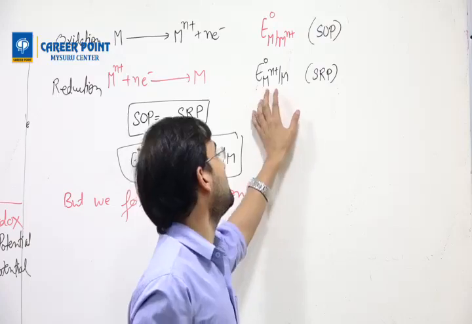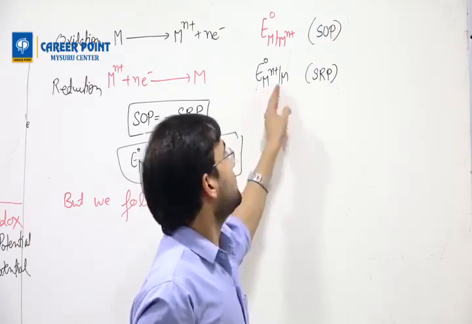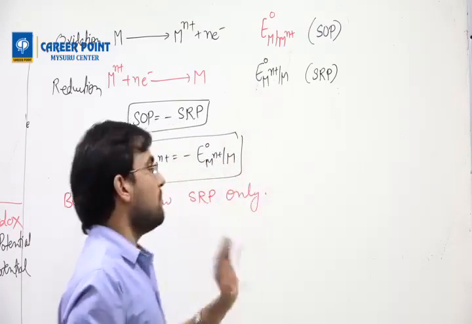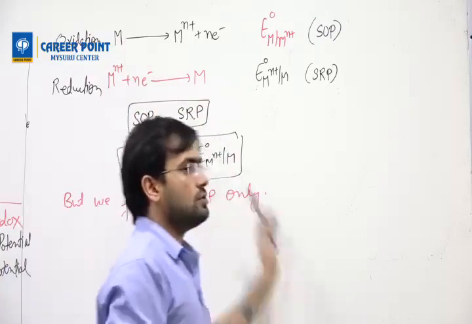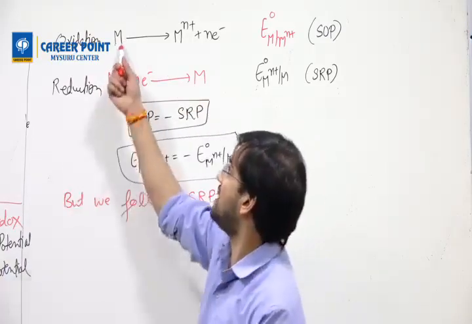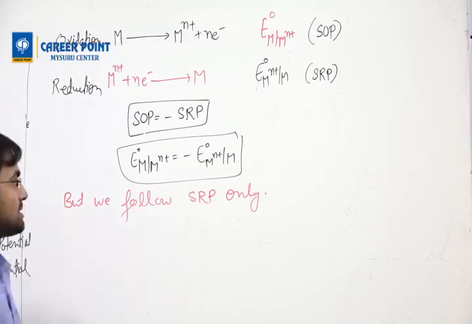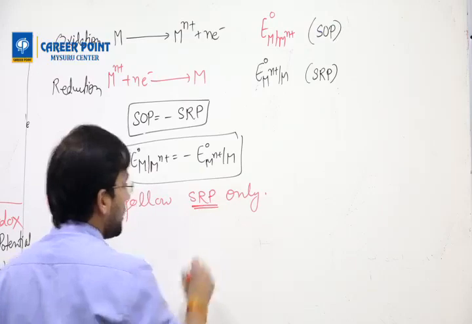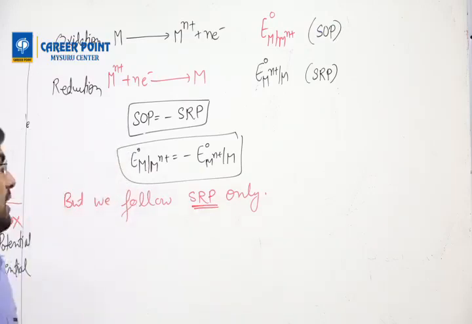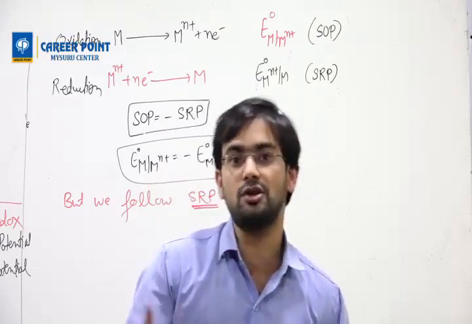Most of the time we write the reduction side, decreasing in the oxidation number, which is the SRP. Now, I have so many values of SRP because this M could be any metal. For various metals you will have different values of SRP, so you can compare them. Some will be low, some will be high.